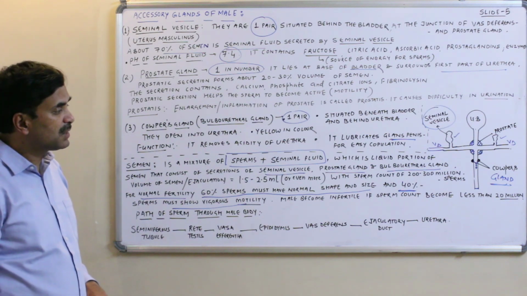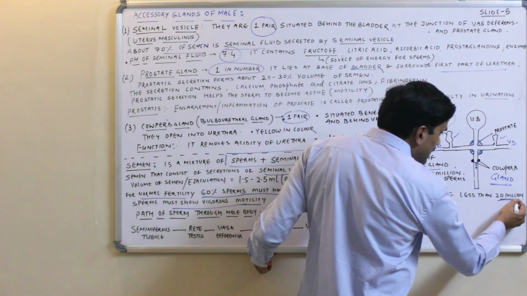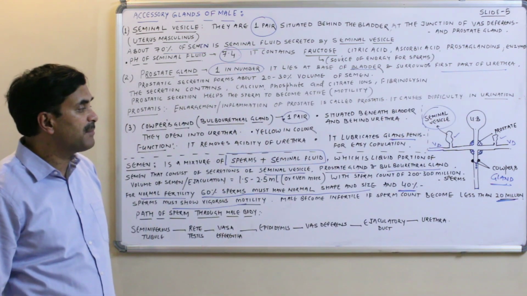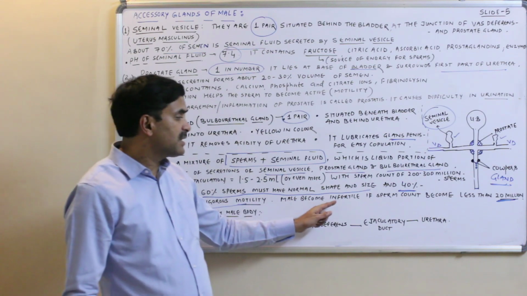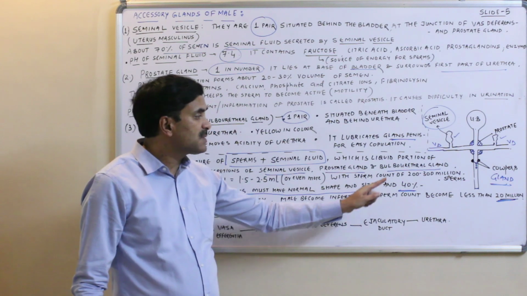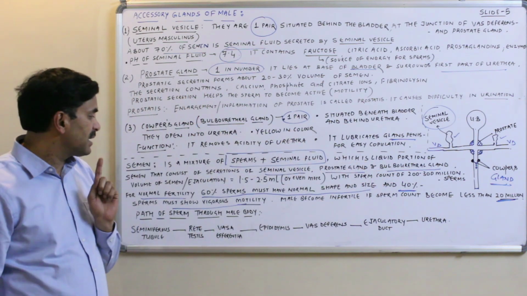If an organism has less than 20 million sperms per ml, it comes under the case of infertility. Means the male becomes infertile if the sperm count is less than 20 million per ml.